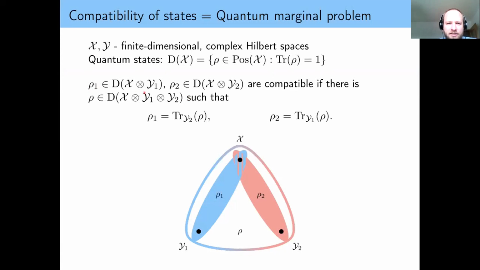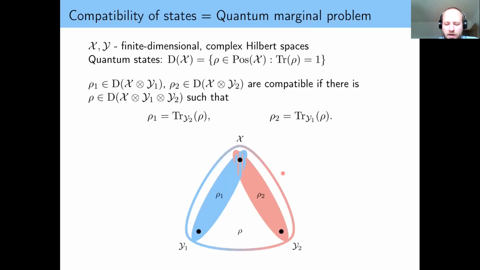We take two states such that they have one Hilbert space overlapping and one different. So this X is the same everywhere, and these Y's are different. We are asking whether there is a bigger state ρ on three Hilbert spaces, such that ρ1 and ρ2 are the partial traces of this bigger state. You can see it in the picture: ρ1 is a state on two Hilbert spaces, ρ2 is a state on two Hilbert spaces, and we are looking for this big ρ that would include everything.